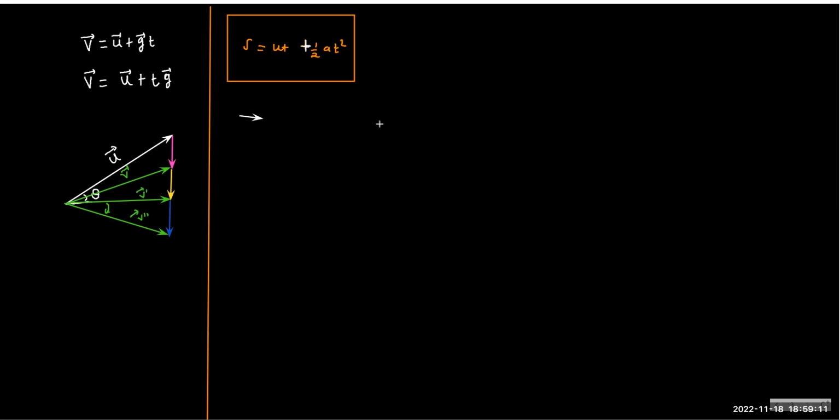So if I draw some x-axis, if I choose some origin, so if this is the origin, at t equals 0, you may be somewhere here. And after some time t, you may be here.